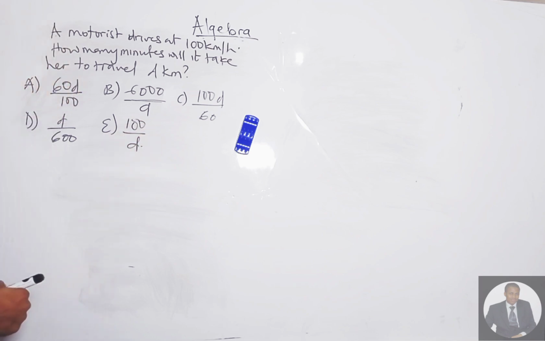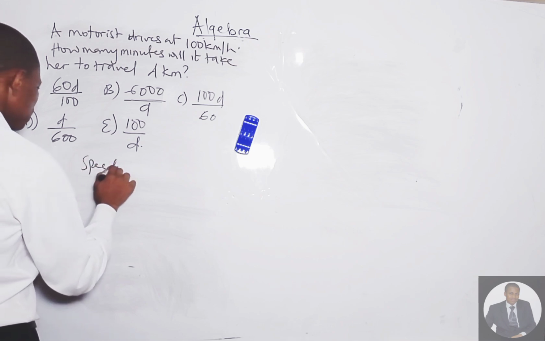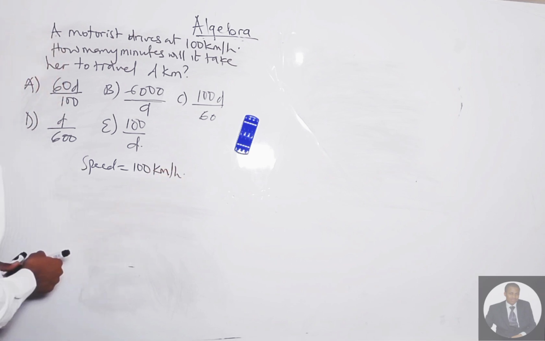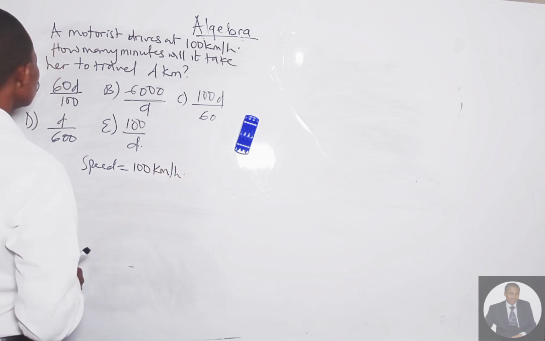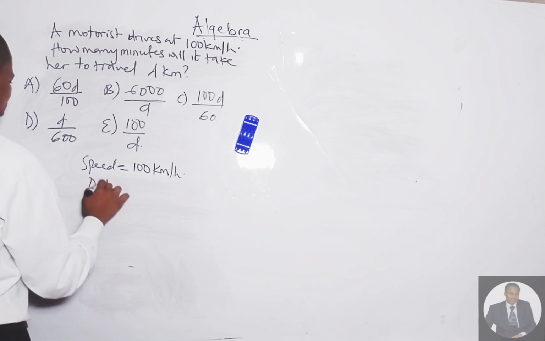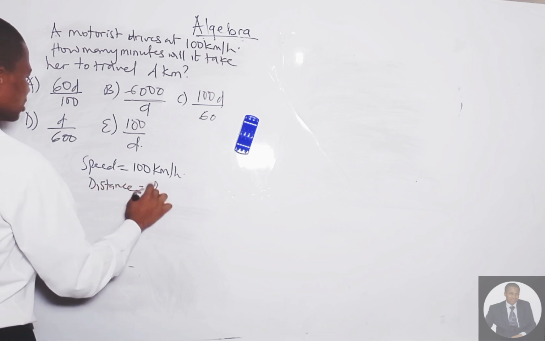Now, how do we solve this question? A motorist drives at 100 km per hour. That's the speed. Speed is 100 km per hour. Now, how many minutes will it take to travel the distance? We are given distance, d kilometers.